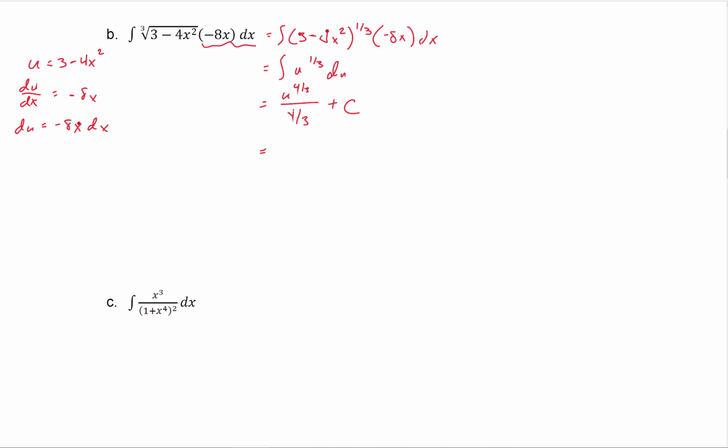So the simplifying just means this becomes 3/4 u to the 4/3 power plus c. And so now let's do our back substitution. So this becomes 3/4 times u, which we said was 3 minus 4x squared, to the 4/3 power plus c.